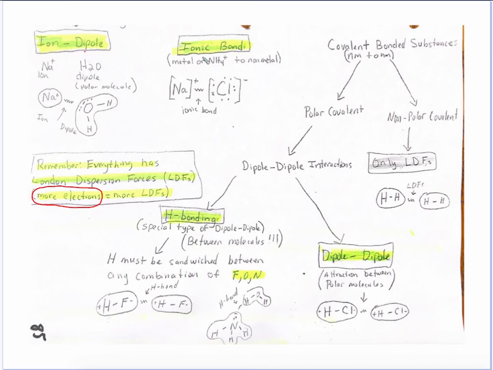So even ion dipoles have London dispersion forces. Even ionic bonds have London dispersion forces. Basically, if something has more electrons, it has more London dispersion forces, which means it's attracted to itself more than something with fewer electrons, as long as that's the only force. And we'll talk about that in a minute here.